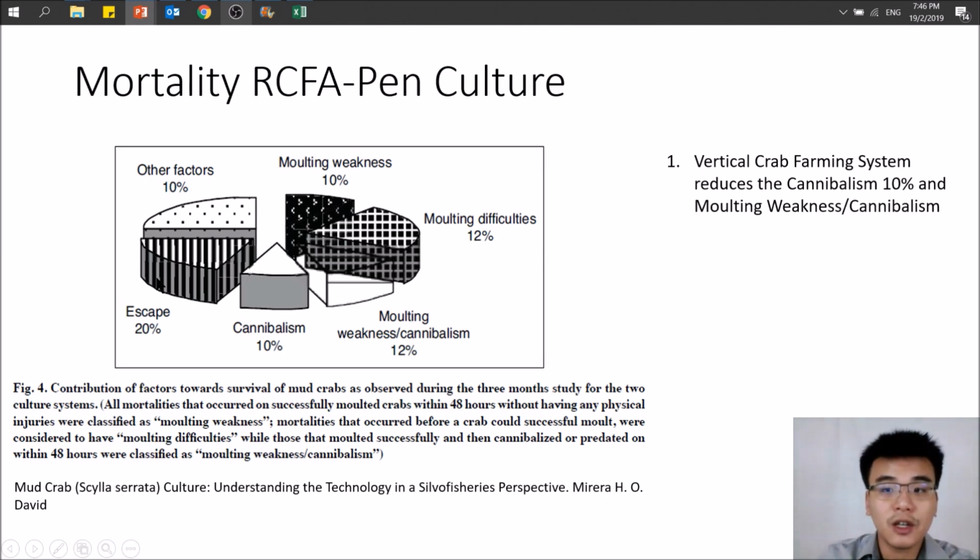By managing your vertical farming system well, by ensuring everybody closes the doors to each of the crab houses, you can also reduce the number of escapees, because crabs are very prone to escape from your system, and that is also evident if you're using vertical farming as well.